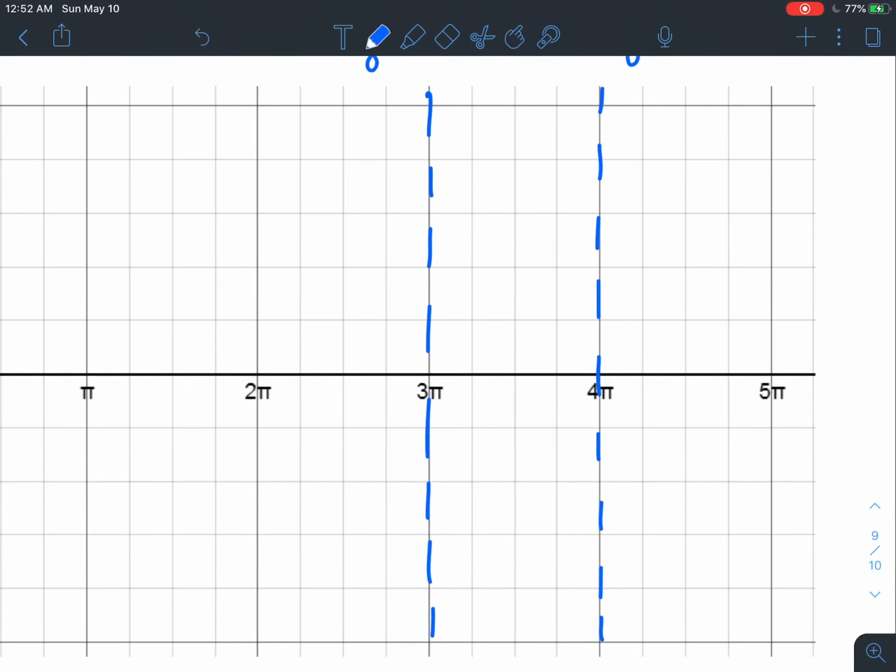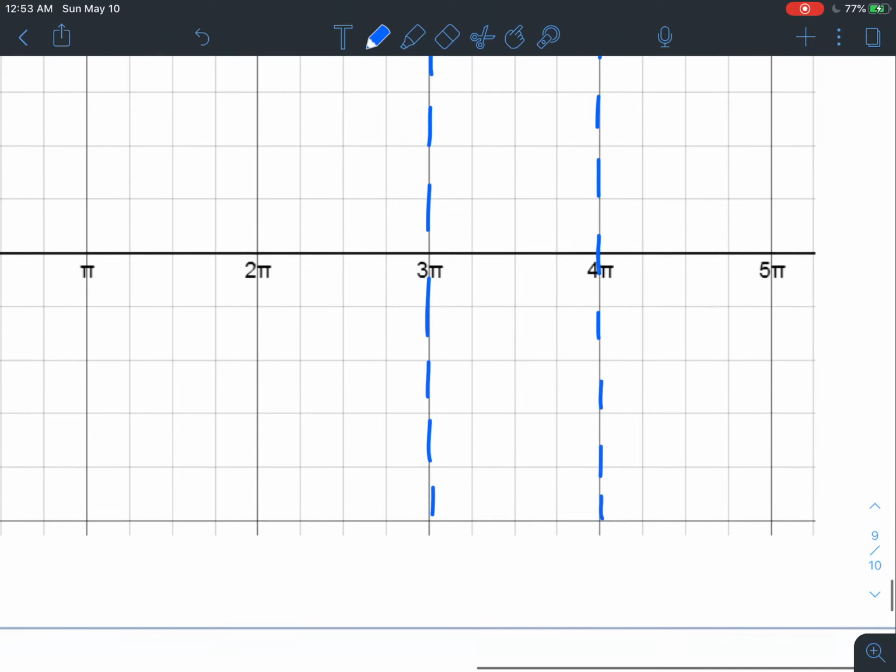I do have to label them. If that's 3 pi and then 4 pi, this would be halfway between those two, and then a quarter of the way in between those two. So basically pi over 4 would be my intervals.